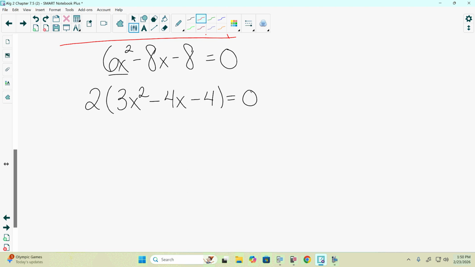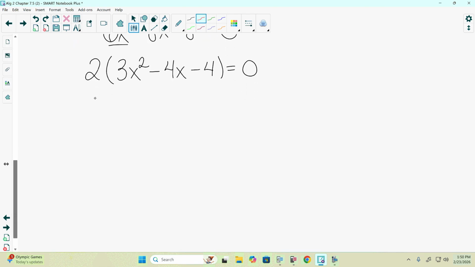We're dividing each term by 2. So our 6 divided by 2 is 3. Our 8 divided by 2 is 4, and our 8 divided by 2 is 4. And doing that's going to help us be able to factor this a little bit nicer. So now what we're having to factor is our 3x squared minus 4x minus 4.